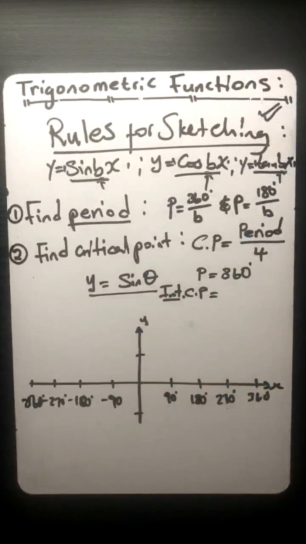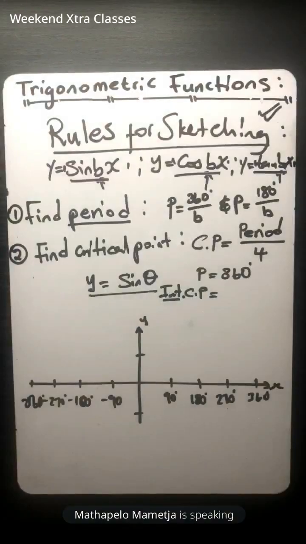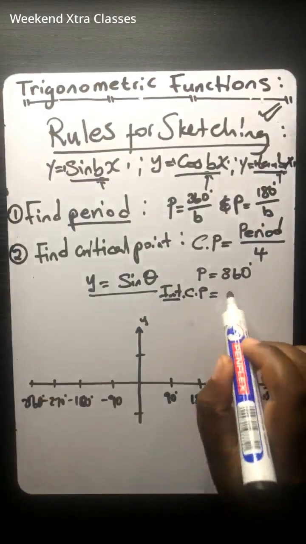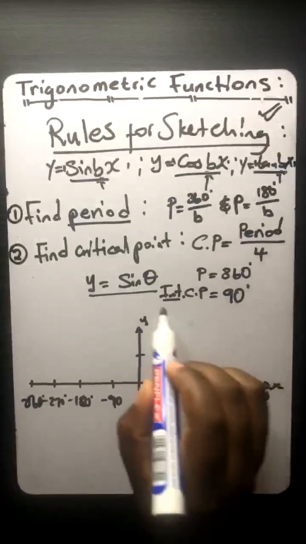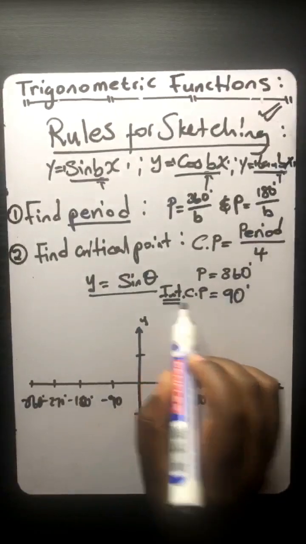Which are the critical points, or how do we calculate the critical points? We take 360 and divide by 4, and it gives us 90. So that means the interval is 90.